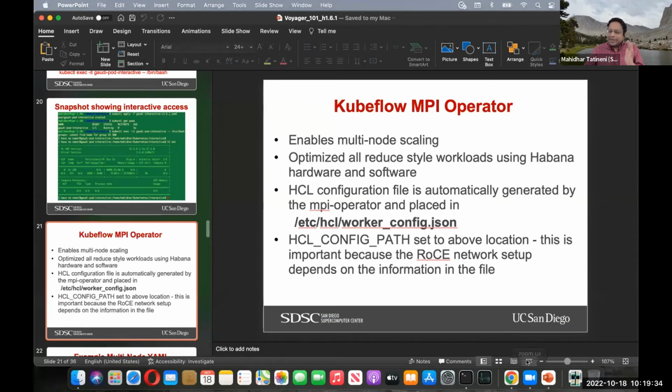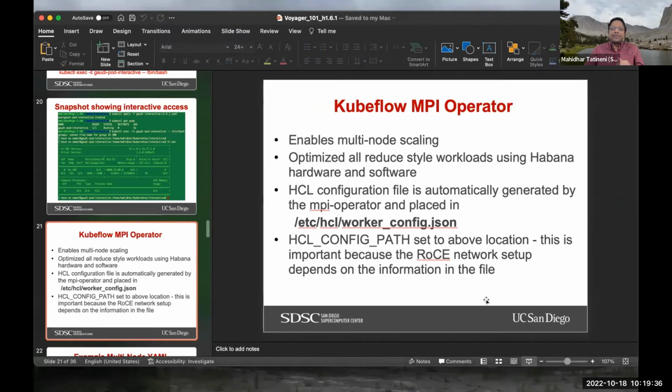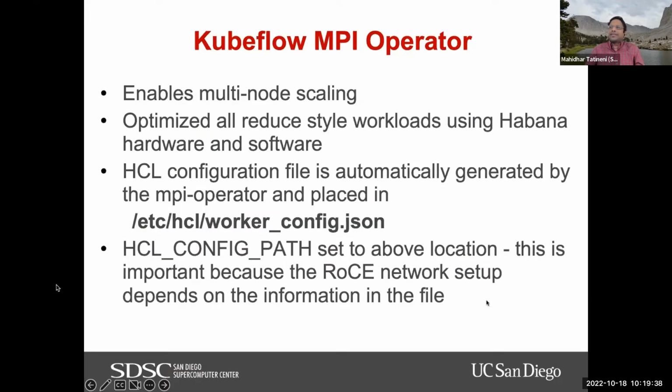It took us a while to get used to that because we are used to seeing all the network cards on the host and using them. But in this case, the end user doesn't have to worry about this. This is taken care of by the Habana software.